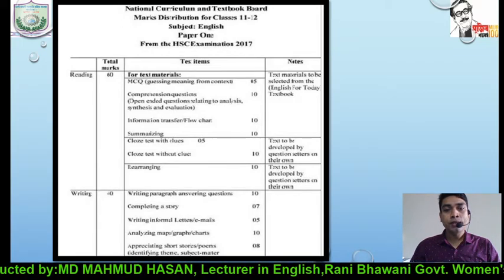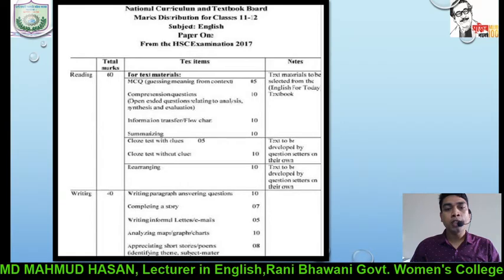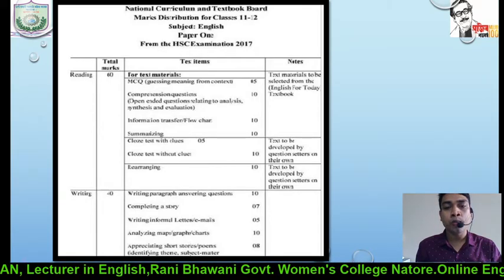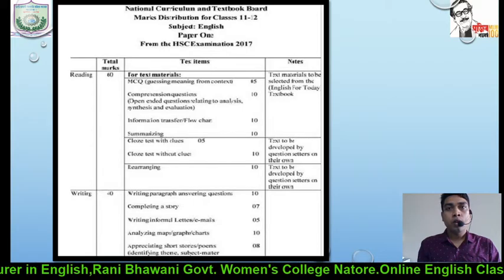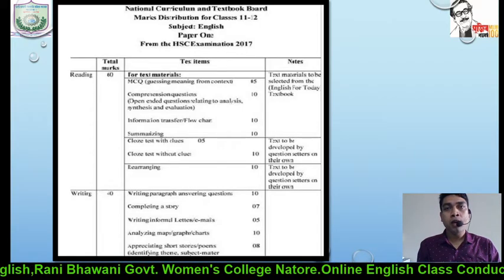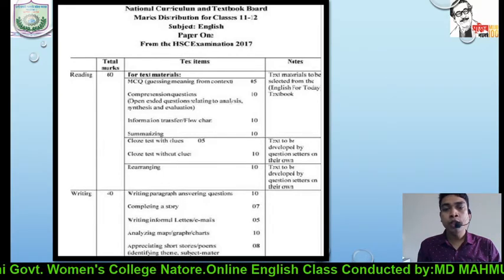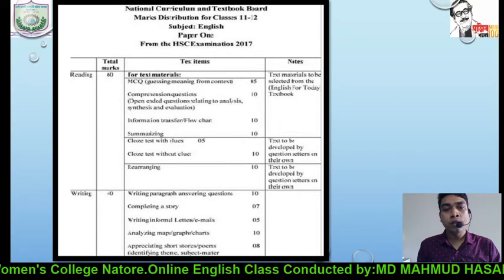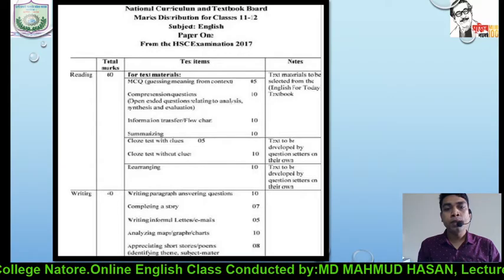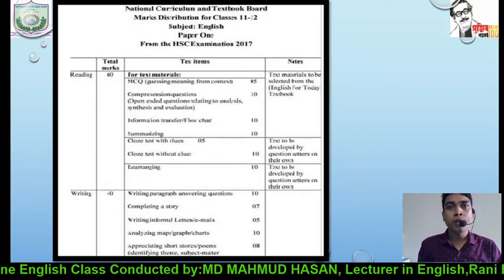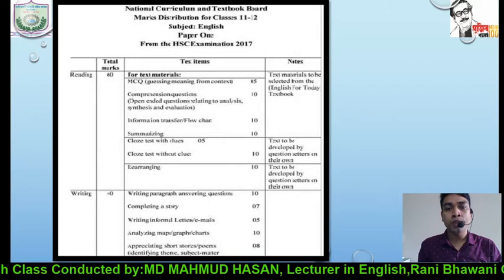And then the final item of paper 1 is appreciating short stories or poems. You are given a short story or poem, you need to answer that, and basically identifying the theme or subject matter is the important element of this question item.